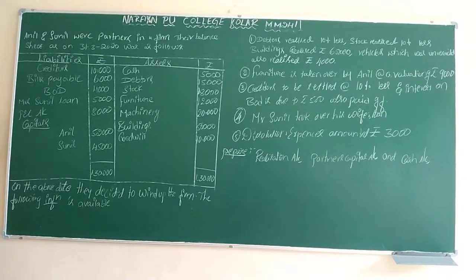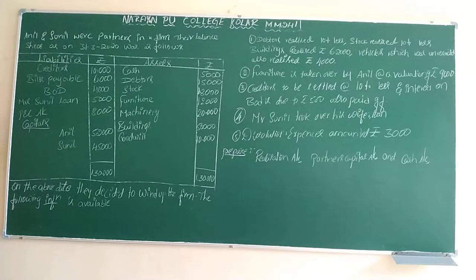In the next line, further information is given: on the above date they decided to wind up the firm. The following information is available, one by one. Debtors realized 10% less.